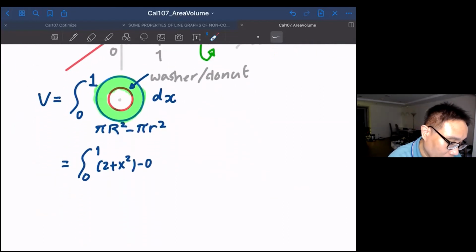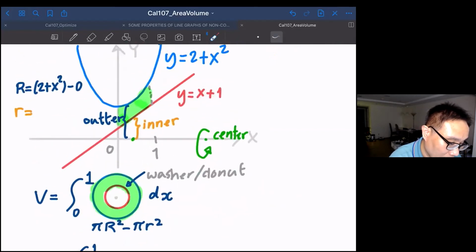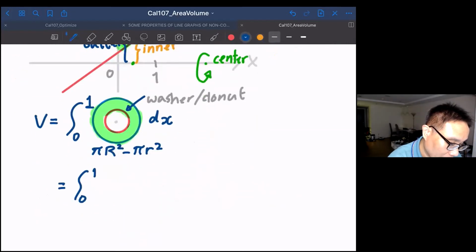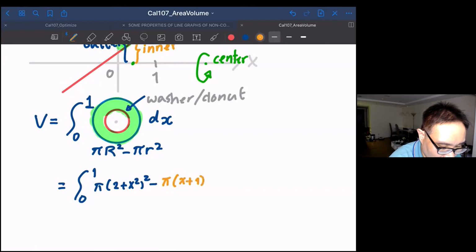So let me write the outer first. So this one is going to be x plus 1 minus 0. Okay, so you would get pi times (2 plus x squared) squared minus pi times (x plus 1) squared dx.